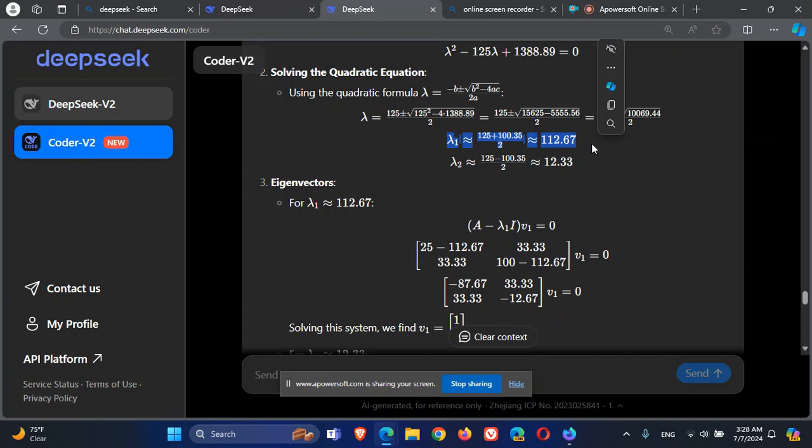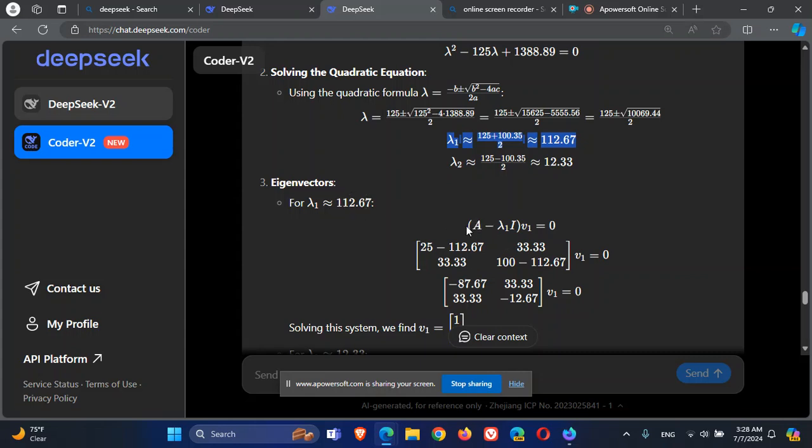Note that the first eigenvalue we got is the bigger one. So we want to find the corresponding eigenvector which will capture most of the variance because its eigenvalue is the biggest. So let's calculate the eigenvector which corresponds to the eigenvalue lambda 1, which is this value.